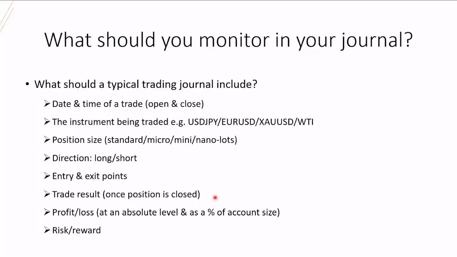Once you are familiar with that particular instrument and with various market environments, then you can probably size up your account gradually, and then move on to slightly bigger lot sizes, for example.